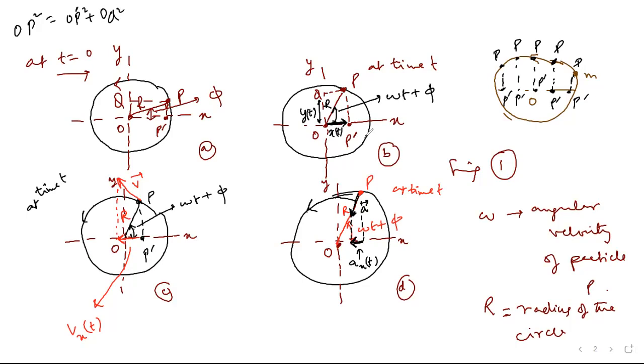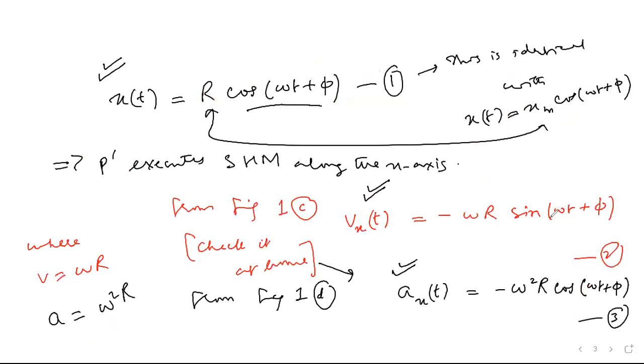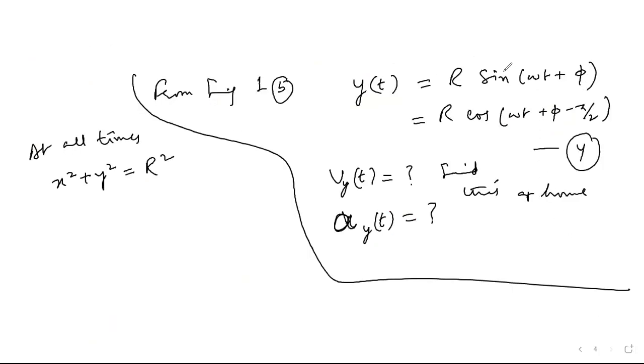OP prime is x of t, OQ is y of t. When you do the maths, here you have cos square theta, here you have sine square theta, and cos square theta plus sine square theta is 1. You will get just x square plus y square is r square.